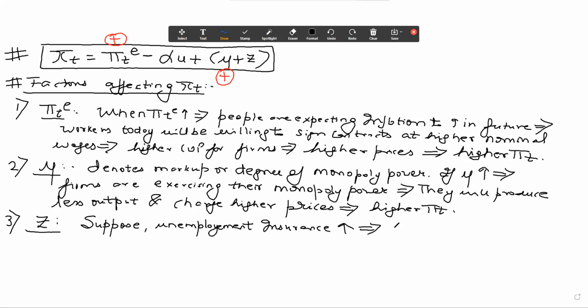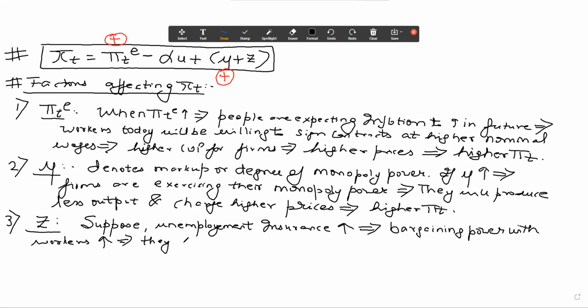This implies, all of us know the chain, right? Bargaining power with the workers goes up. If unemployment insurance goes up, they know that even if they are unemployed, they are still getting the unemployment insurance. So bargaining power with the workers goes up.